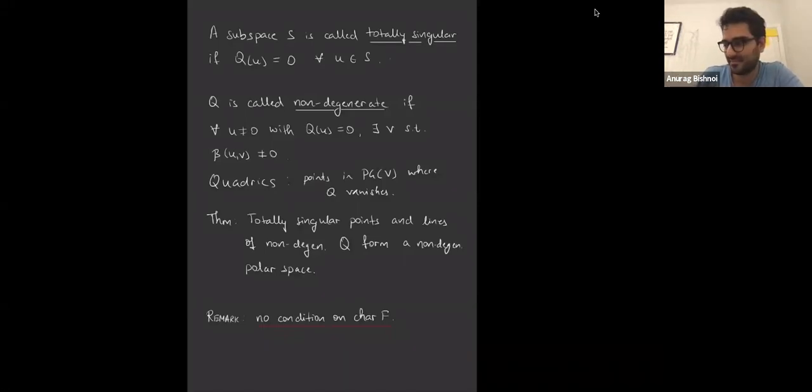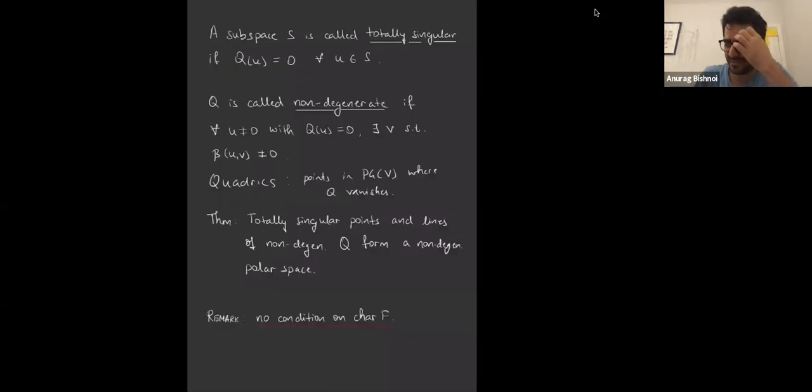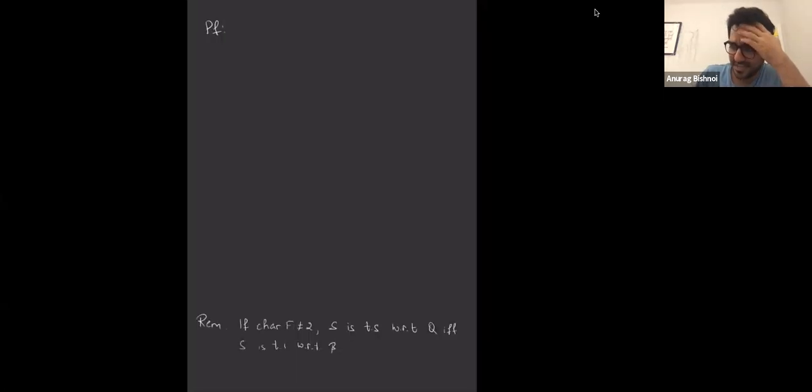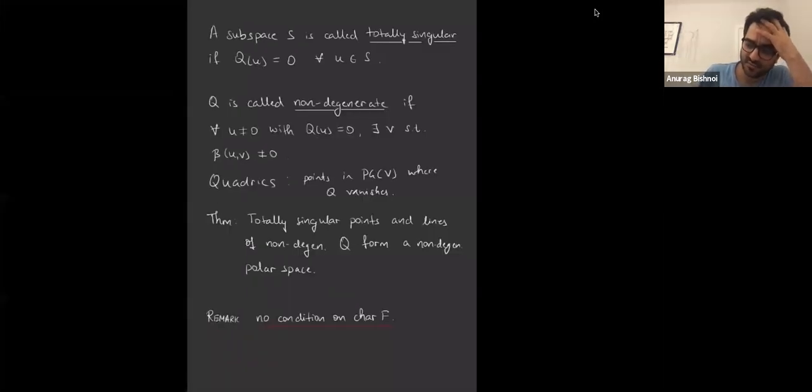Okay, and I wanted to write down the proof maybe, but we don't have that much time. It's the same idea that we saw before. You just want to check the non-degeneracy condition, because the fact that it's a polar space follows from the fact that totally singular implies totally isotropic.